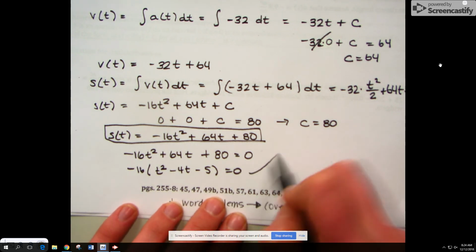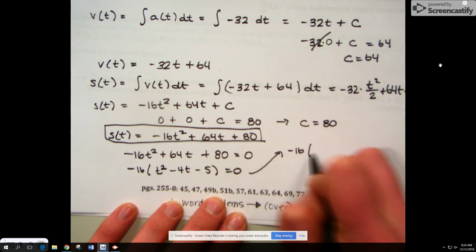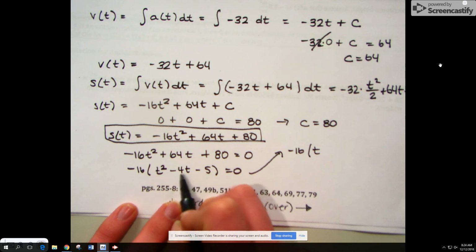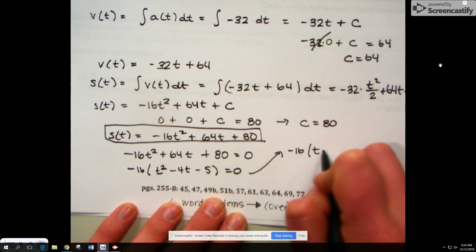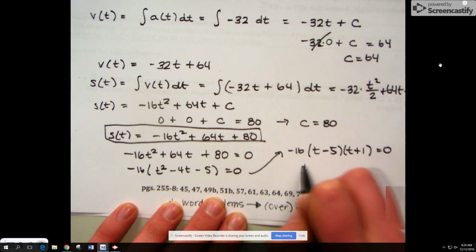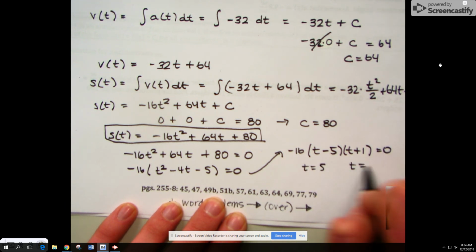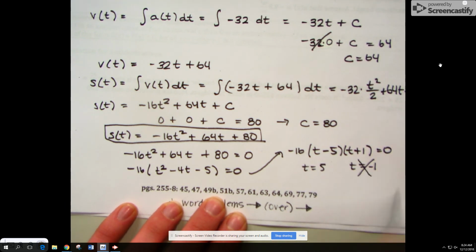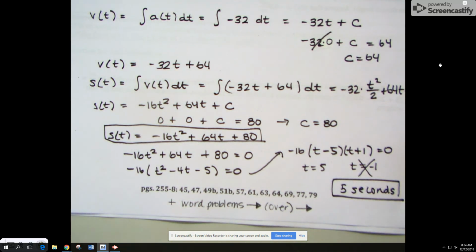And I'm running out of space here. Negative 16, it'll be t. I want to multiply the negative 5, add to negative 4. So minus 5 plus 1. And my solutions are either 5 seconds or negative 1 second. I don't have a clue what that would look like. You can't throw back in time. So the answer here is that you needed 5 seconds. Right? It was actually just some algebra for that last piece.